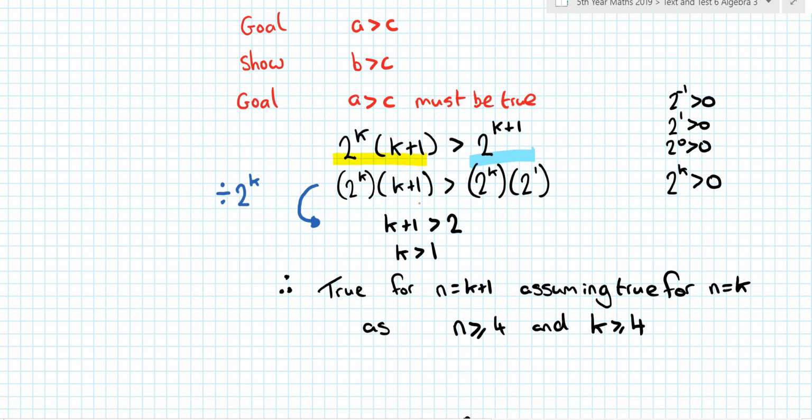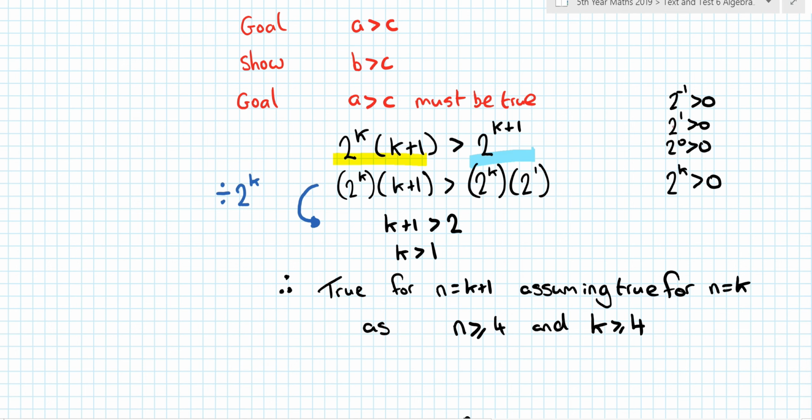Now, I'm very happy to do that because I've identified over here that 2 to the power of anything is greater than 0. With inequalities we're very conscious of multiplying and dividing by a minus number, so just identify that we're not dividing by a minus number. 2 to the power of minus 1, if you put that into your calculator, you'll get a half. 2 to the power of 0 is 1. 2 to the power of 1 is 2.